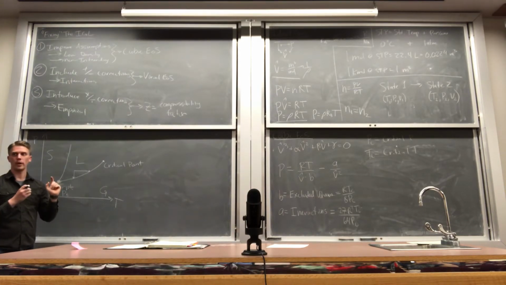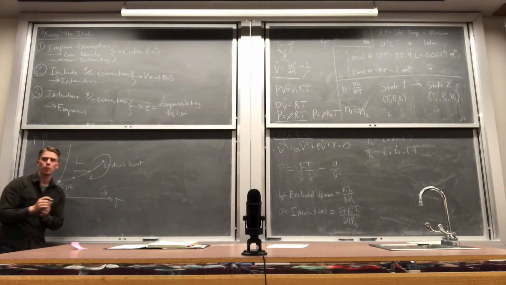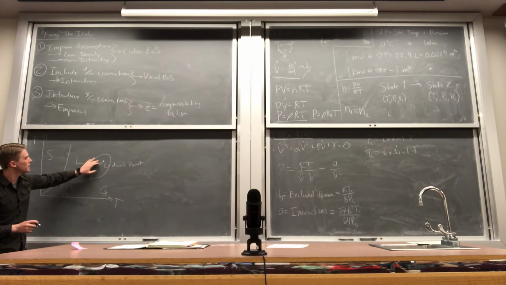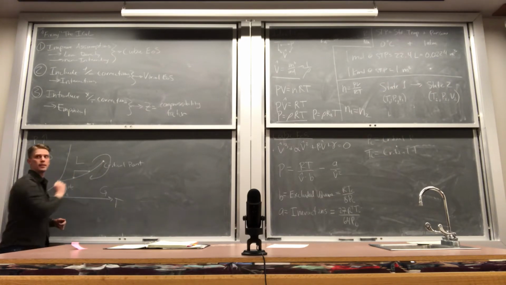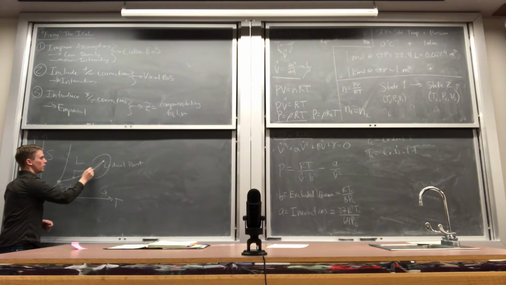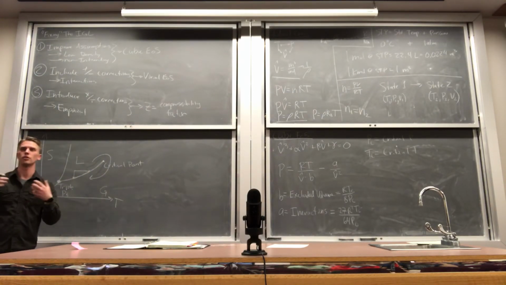Now the critical point is you can go around like this, go through the critical point, and you'll never actually see two phases coexisting together. What happens is that your liquid becomes less dense and your gas becomes more dense until their densities meet. Now this curve right here gives you the vapor pressure. That's the pressure that the liquid is exerting on its surroundings, wanting to boil.